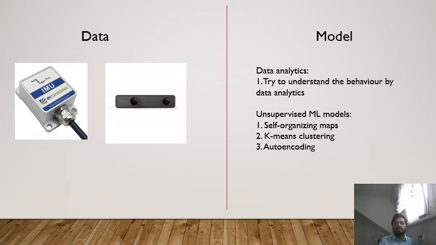Therefore, we also have to use some unsupervised learning algorithms that might solve the problem. There are multiple unsupervised algorithms, but for our task we may use 3 of them: self-organizing maps, k-means clustering, and auto-encoding. I've listed the research papers at the end of this presentation.